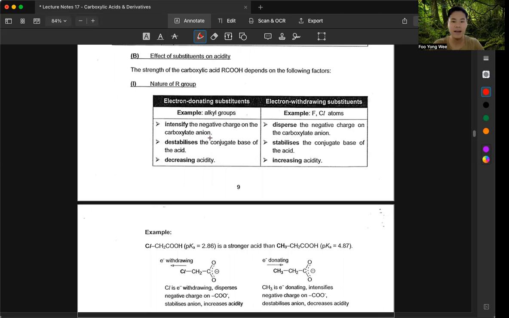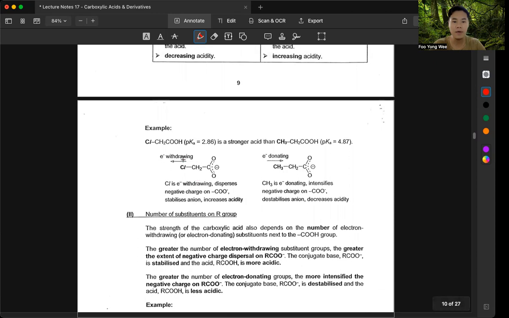They will intensify the negative charge of the carboxylate ion and hence destabilize the conjugate base and decrease acidity. Examples of electron withdrawing substituents are the halogens because they are highly electronegative. They will disperse the negative charge of the carboxylate ion and therefore stabilize the conjugate base of the acid and hence increase acidity.